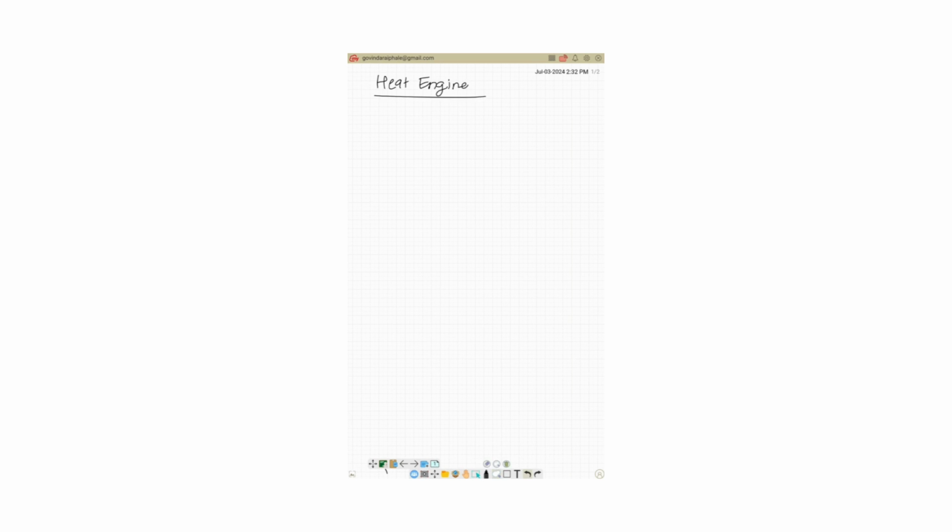So we'll have a simple diagram of this heat engine like this. Here we have a source at T1 temperature from which heat will be given as an input to the heat engine, which is nothing but Q1.